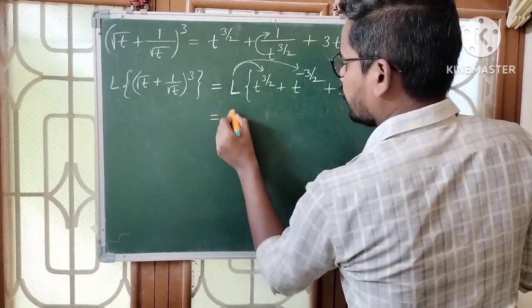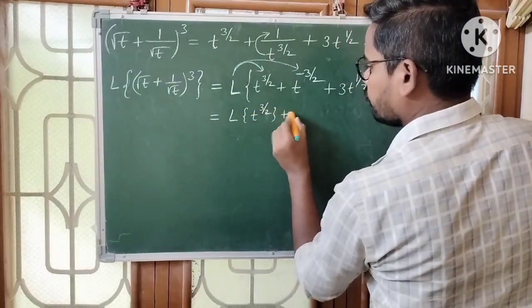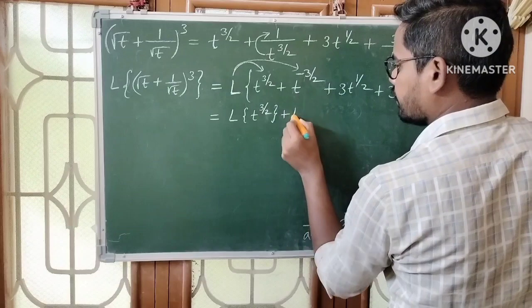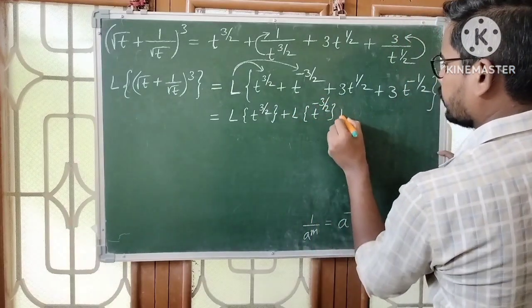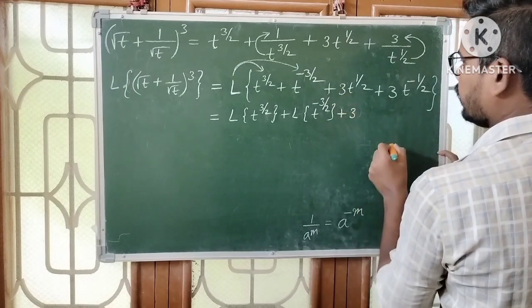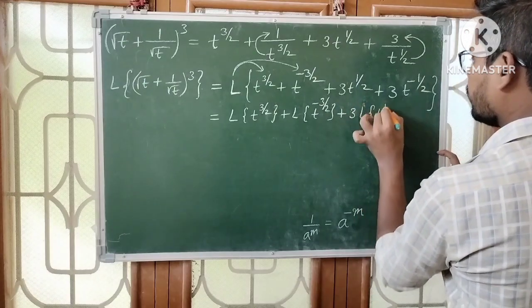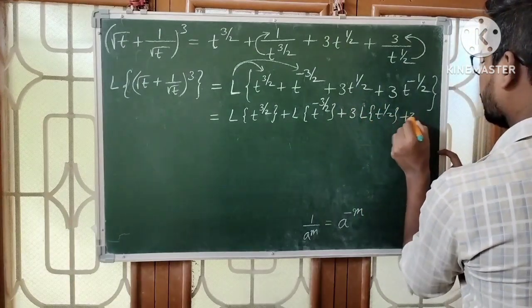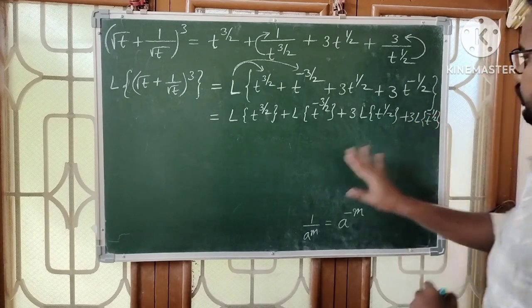So we can write it as the Laplace transform of t power 3 by 2 plus the Laplace transform of t power minus 3 by 2. Next, 3 is a constant, so take 3 out of the Laplace transform: 3 into the Laplace transform of t power 1 by 2 plus 3 into the Laplace transform of t power minus 1 by 2.